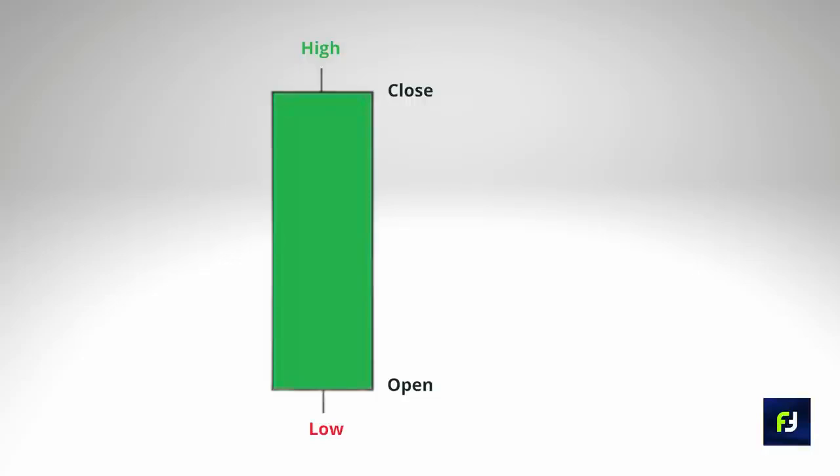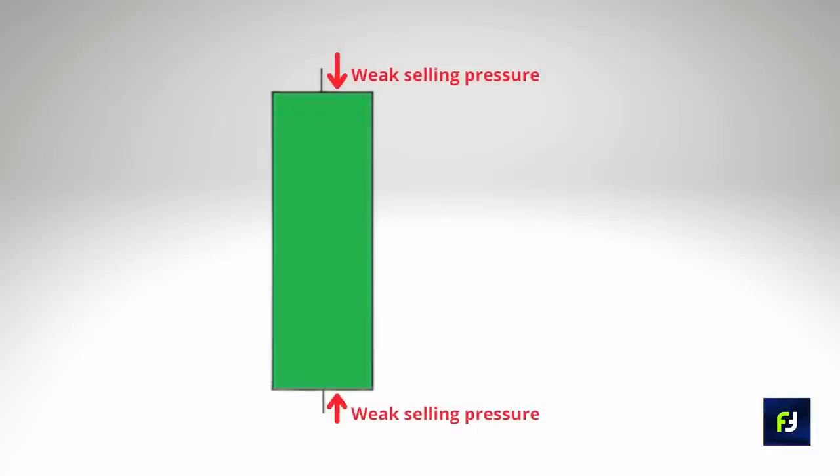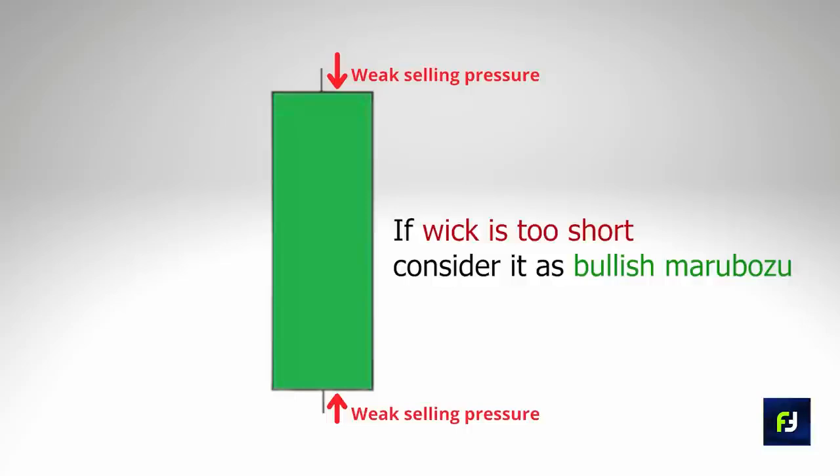It has opened lower and closed higher, which means it is a bullish candlestick, and there is a small lower wick and a small upper wick. But the high and low prices are so close to the open and close prices, which means there is very weak selling pressure from the bears. So in real market conditions, we can actually consider these candles as bullish Marubozus, because even though there was slight selling pressure, it is still a strong bullish candle.